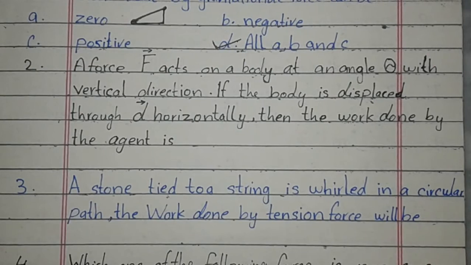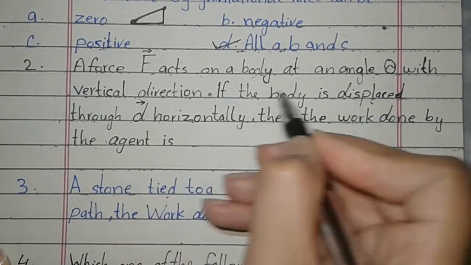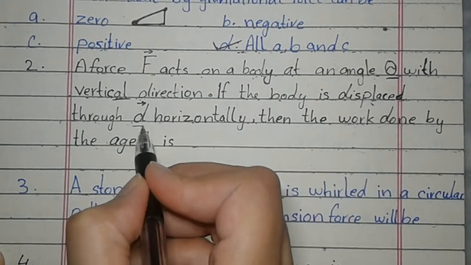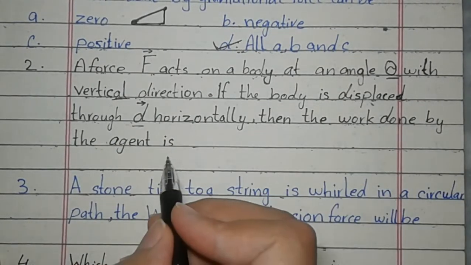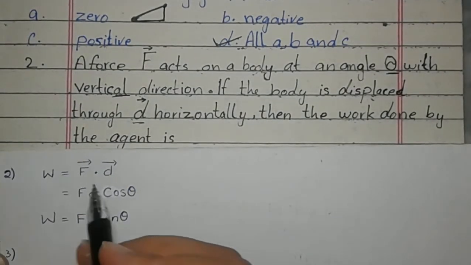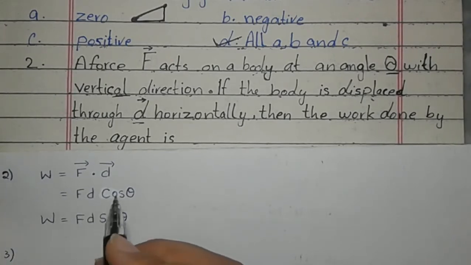Next, a force F acts on a body at an angle theta with vertical direction. If the body is displaced through D horizontally, then the work done by the agent is. So, look at the formula of work. Work is equal to F dot D, which is equal to FD cos theta. We know these are vector quantities, so we use cos theta.